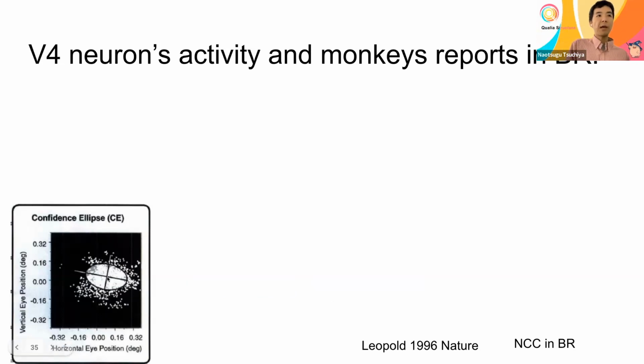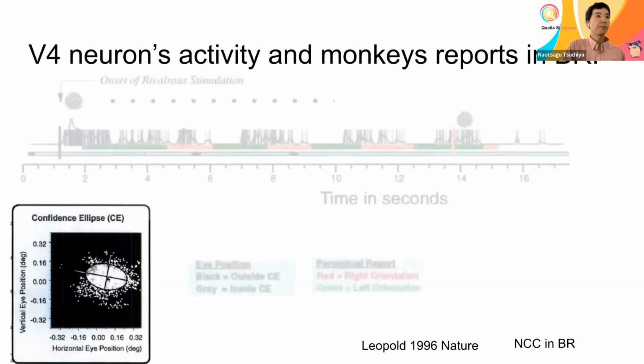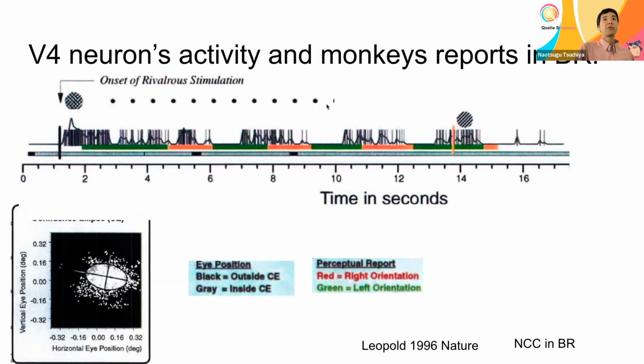First, they carefully made sure that monkeys were not making eye movements, and then recorded the neurons together with the monkey's report. When the monkeys are reporting the right orientation, that's the red part here, and when the monkeys are reporting the left orientation, it's this duration.